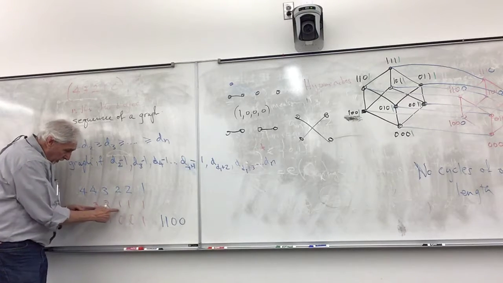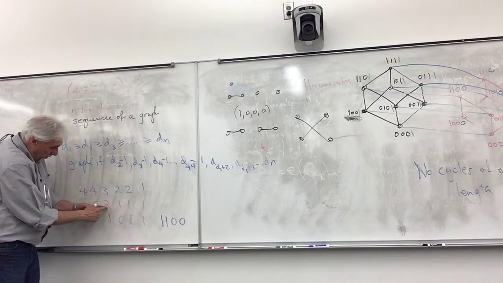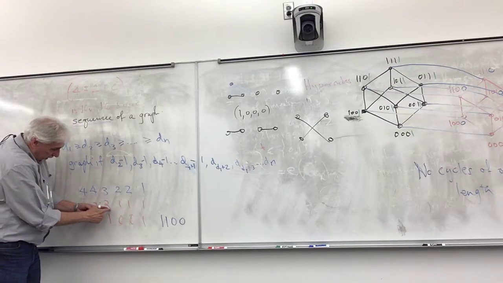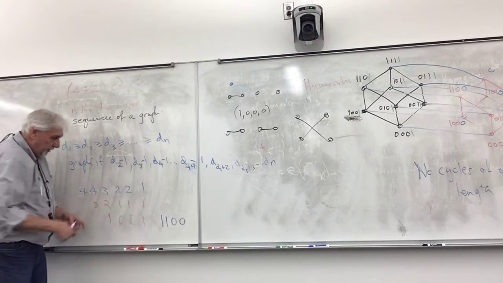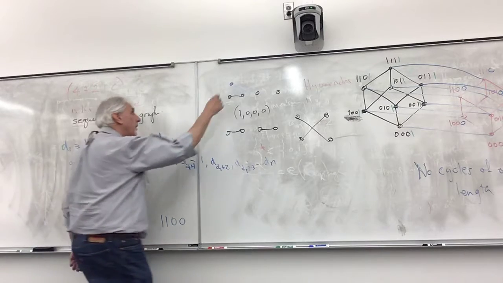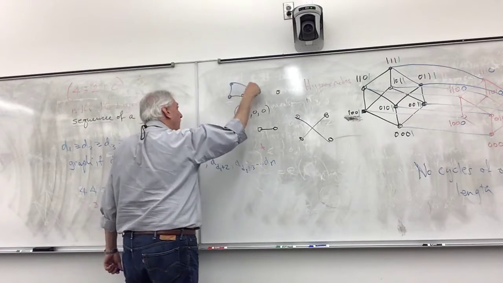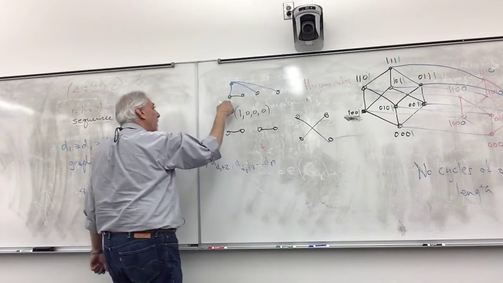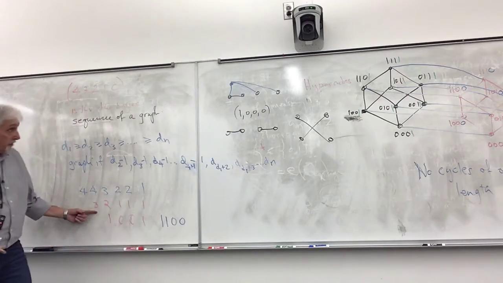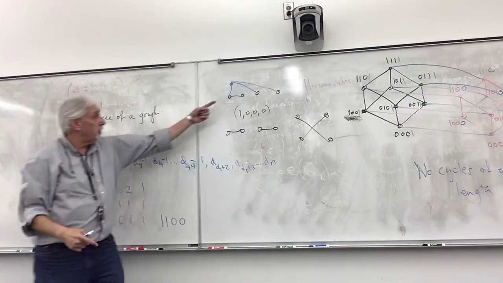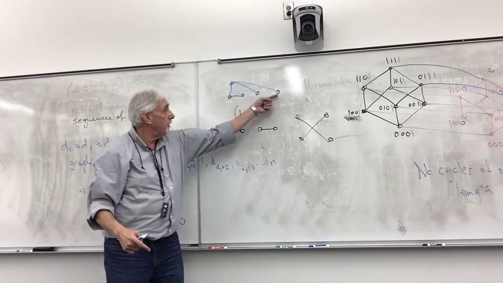Going backwards, we want the degree sequence to be 2, 1, 1, 1. So I have a vertex of degree 2, and then 1, 1, 1. Of course, a vertex of degree 3, then a vertex of degree 2, and then 3 ones.